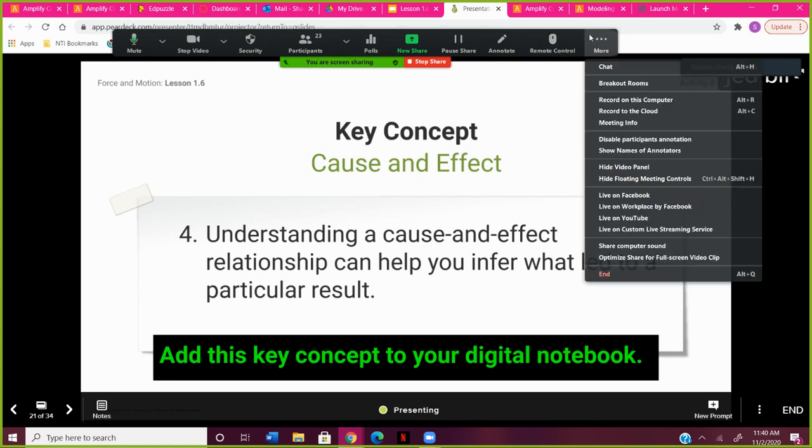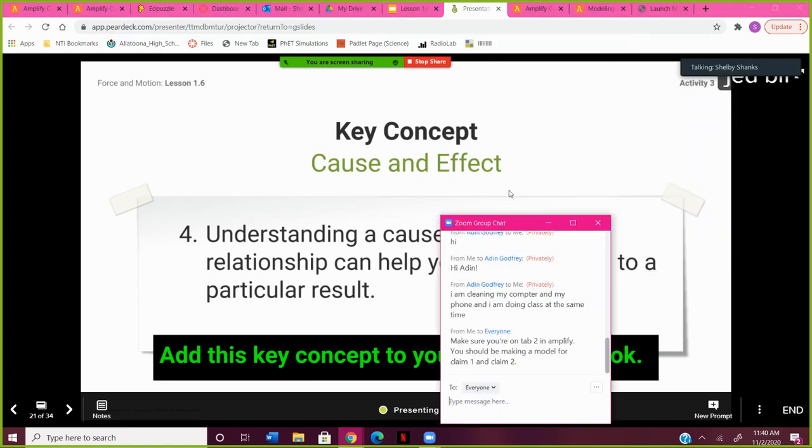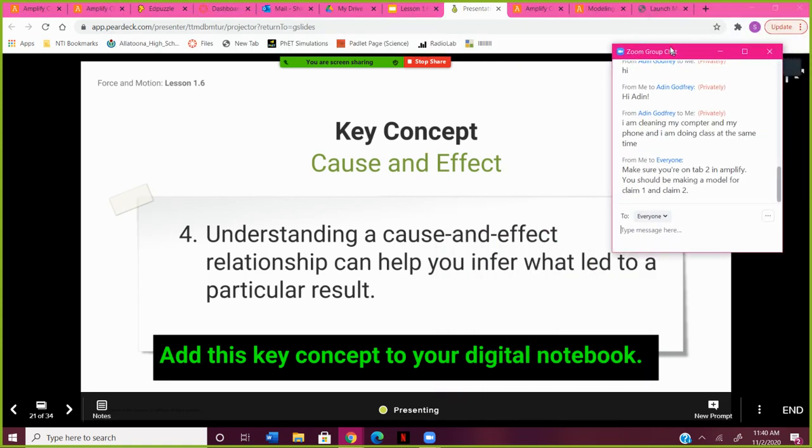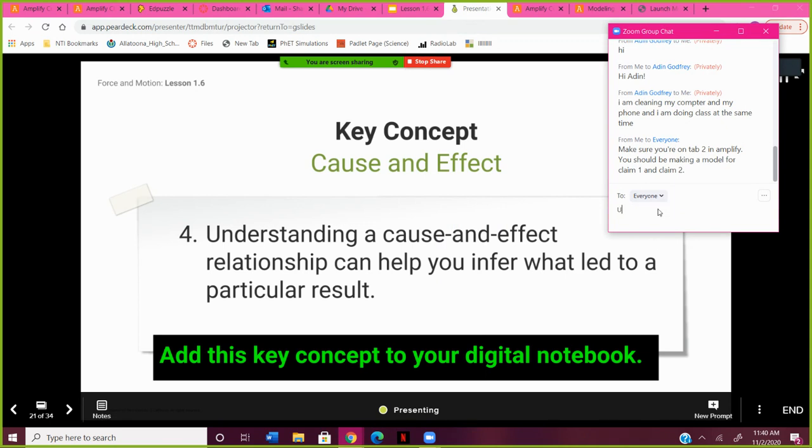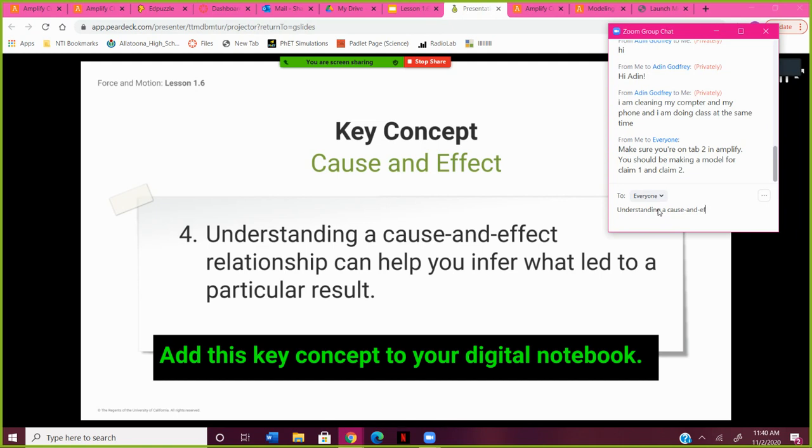Now I will go ahead and put this in the chat so that you can see it there, and if you're falling behind at all, make sure you get that down in chapter 1, lesson 6 on that page under important ideas.